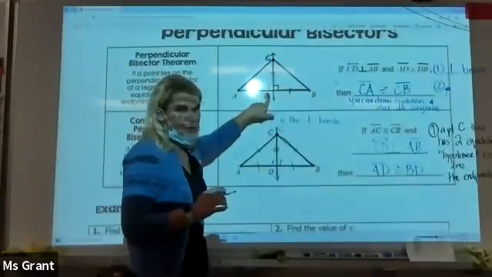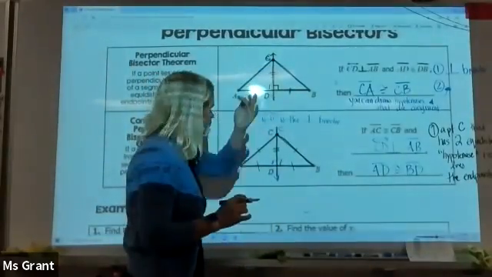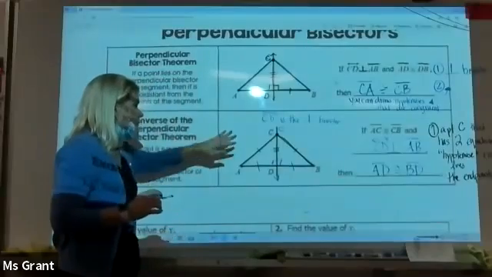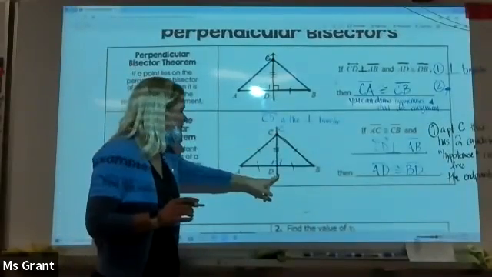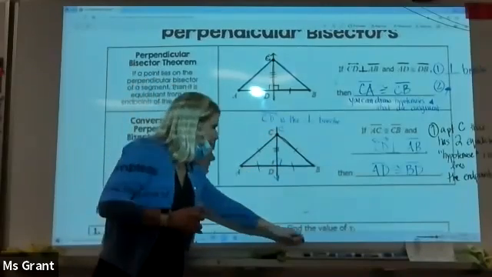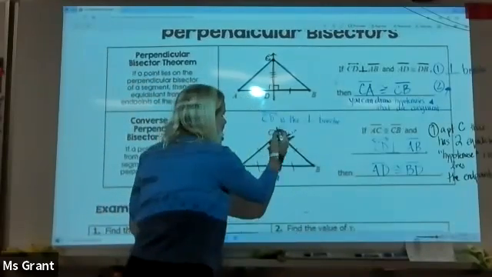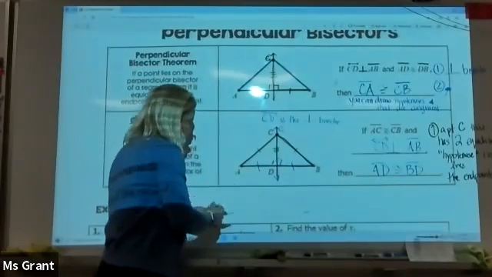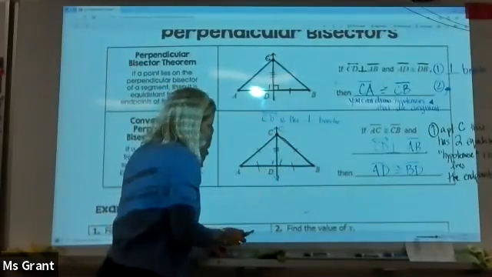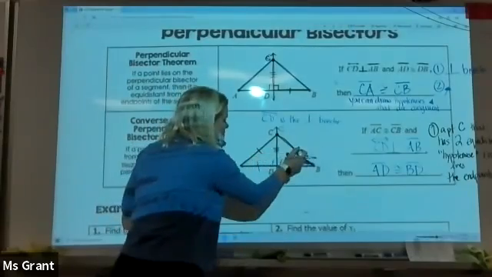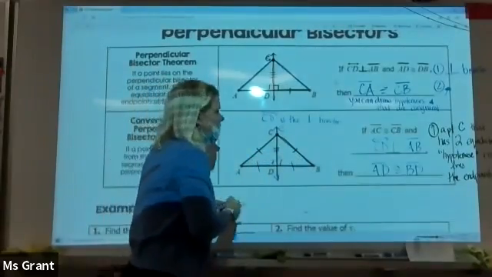But you start off with the perpendicular bisector. Here, I start off with a line CD, and I have two equidistant sides. These are my hypotenuses. So here's the converse.